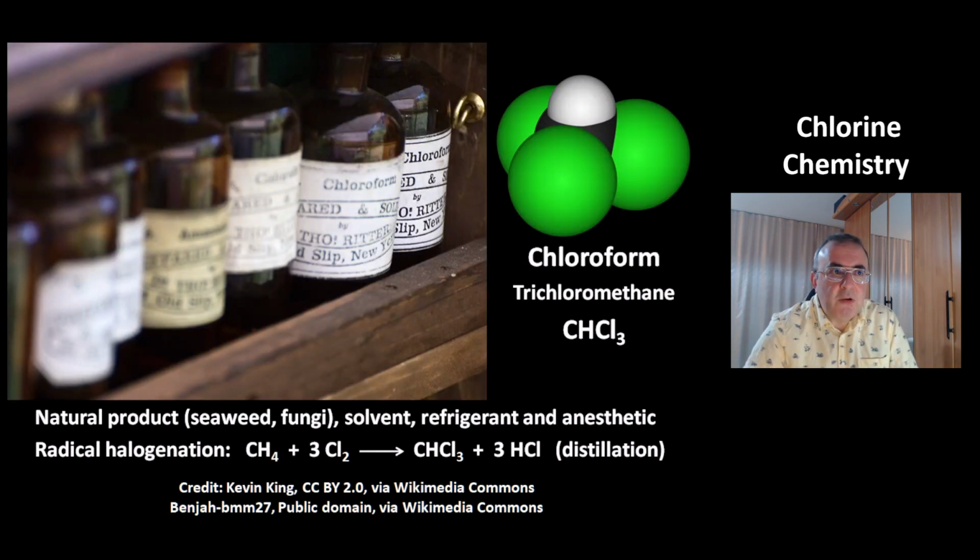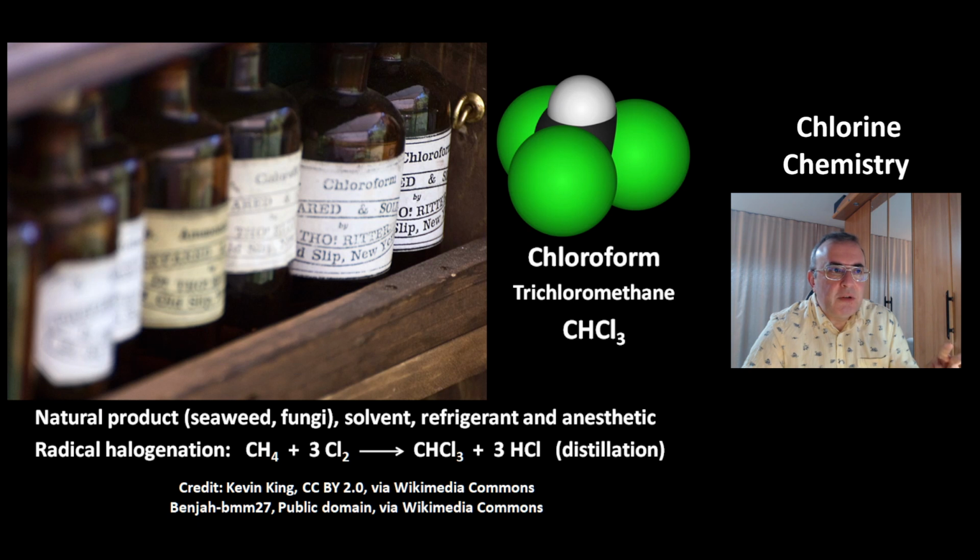There's another compound, chloroform, trichloromethane, CHCl3. It is a natural product. It is produced, for example, by seaweed and fungi. It is used as a solvent, refrigerant, and as anesthetic. Chloroform is a product of the radical halogenation of methane with chlorine.